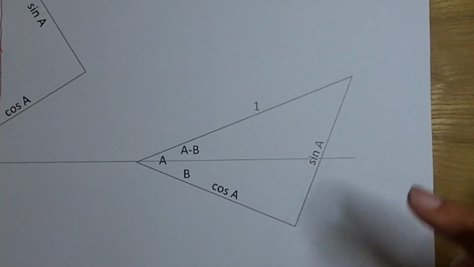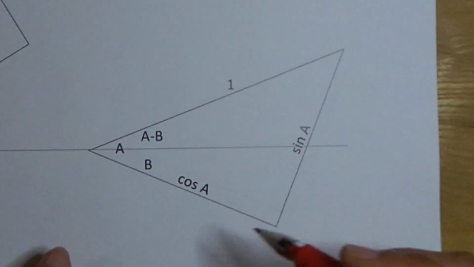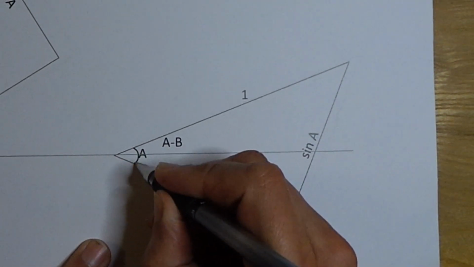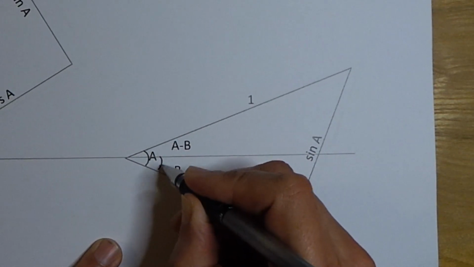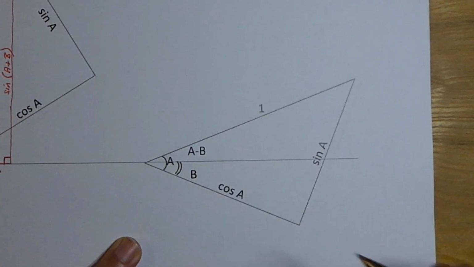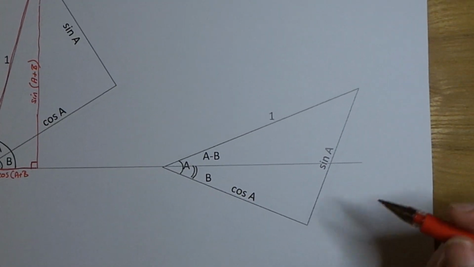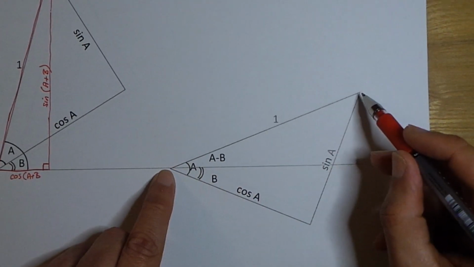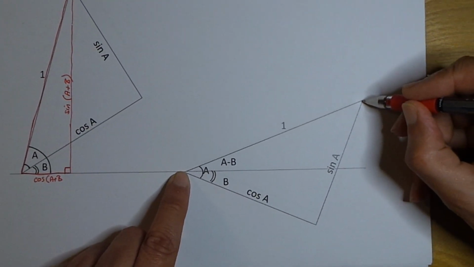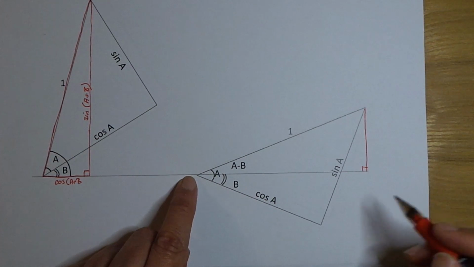And if we do something similar with the triangle, but instead of rotating it counterclockwise, we now rotate it clockwise by an angle B. So here is our original angle A, and here is our angle B. And so this angle here, which remains above the horizontal, is the angle A minus B. Now let's do something similar to what we did over here and draw another right angle triangle with a hypotenuse length of 1 and the angle A minus B in one corner, and we'll draw another right angle triangle bordered in red with a right angle in this corner.